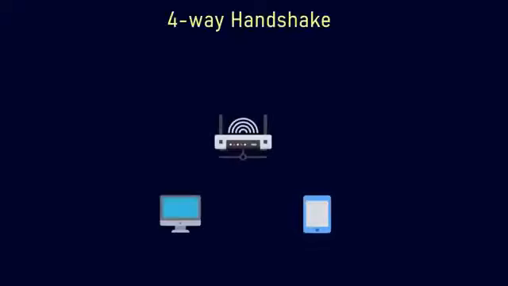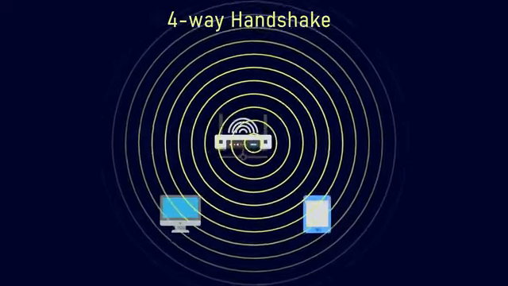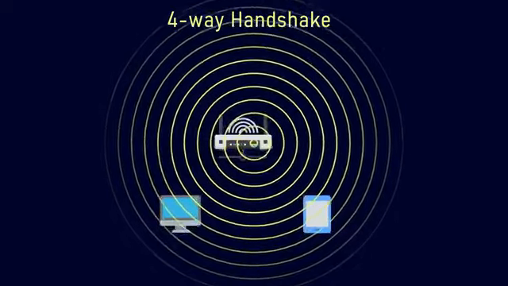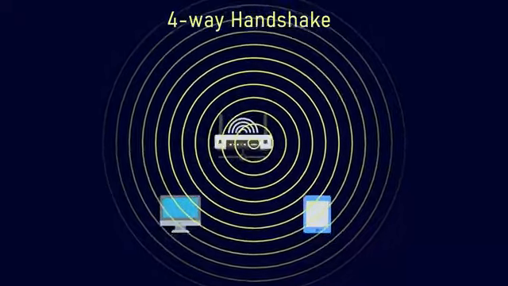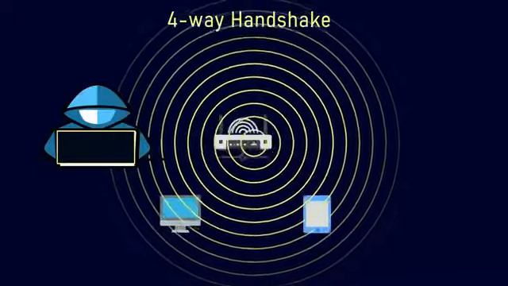In this video we are going to discuss the four-way handshake. In a wireless network, data is transmitted through the air using radio waves, right? Since the data travels through the air, it is always vulnerable to interception.